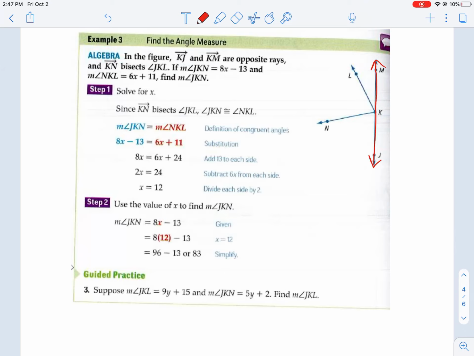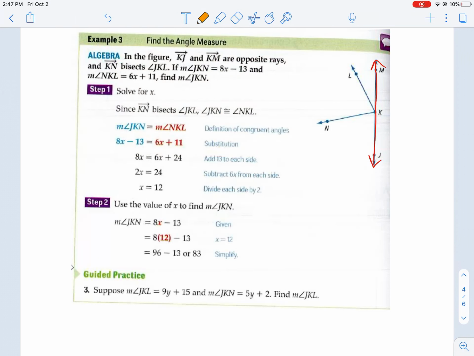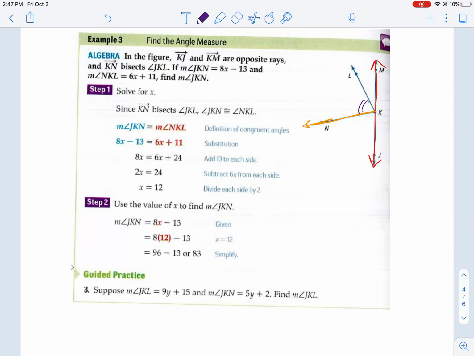And ray KN bisects angle JKL. What that is saying is that it is creating two angles of equal measure. And those little symbols I'm putting in the angles let the reader know that those two angles are congruent.